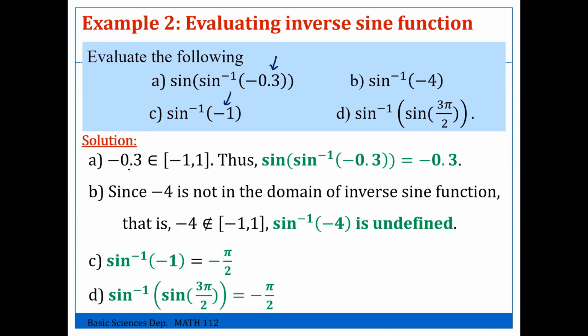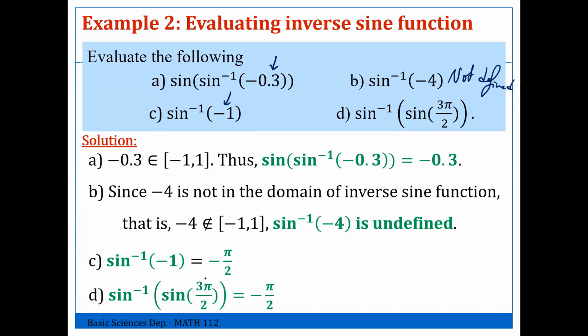So here, since negative 0.3 is in the domain, if we compose, we get minus 0.3. Sine inverse of minus 4 is not defined. It's an error because the domain is minus 1, 1. Sine inverse of minus 1, we compute it using the calculator. We get minus pi over 2 or minus 90 degrees.